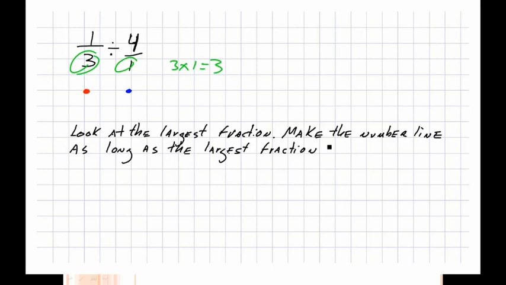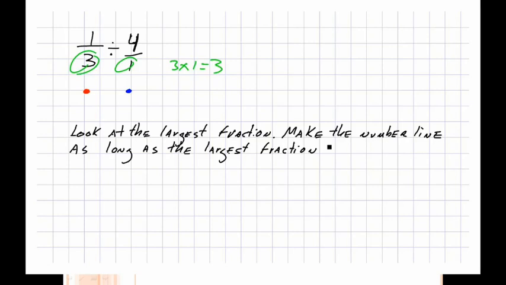If that fraction happens to be a mixed number like 2.5, we're going to make our number line as long as the next whole number that's larger than 2.5. So if we have a fraction 2.5, we make our number line 3 units long. If I have a mixed number that's 4 1/3, I want to make my number line 5 units long. All right, so that's the first thing we need to do.